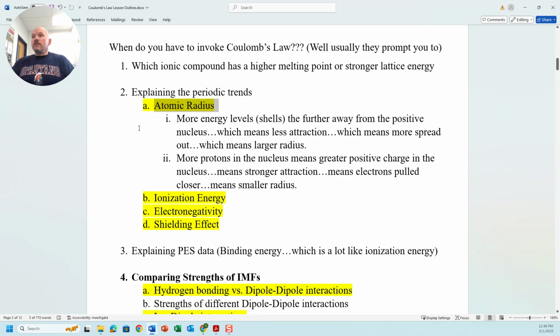Explaining the different trends: the atomic radius trend, the ionization energy trend, the electronegativity trend, the shielding effect. Yes, the structure of the atom explains these different trends. We know we've got neutrons, but we don't really worry about them. We've got protons and electrons, and electrons are negative and protons are positive, and they're attracted to each other, but like charges repel.